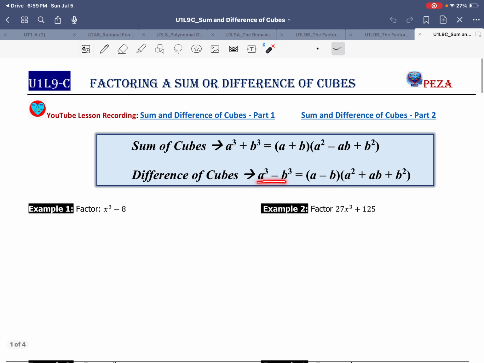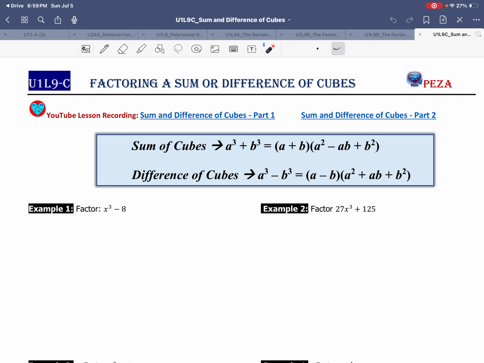So when you have a cubed minus b cubed, the negative sign will be in the first factor, the rest will be positive. And in a cubed plus b cubed, the negative sign will come right after the first. And we need that negative because that's how all these terms in between simplify, and we end up with just a cubed and b cubed terms in the expanded form.